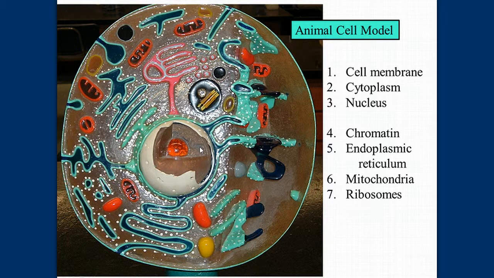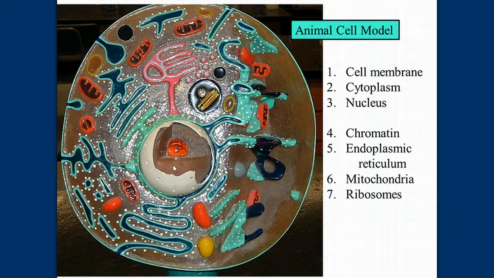It's not until it's condensed and wrapped around histones, or those proteins that the DNA wraps around, that it will form chromosomes. And when it forms chromosomes, it's condensed, so we can see that condensed genetic material, the chromatin wrapped around the histones, the proteins, forming chromosomes.